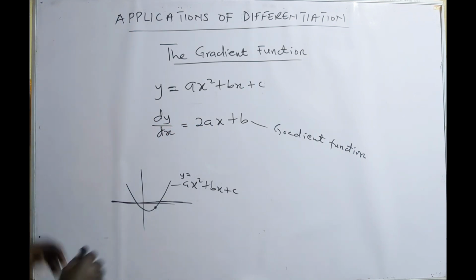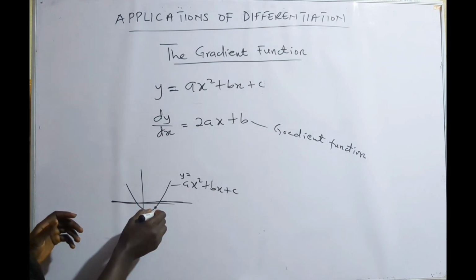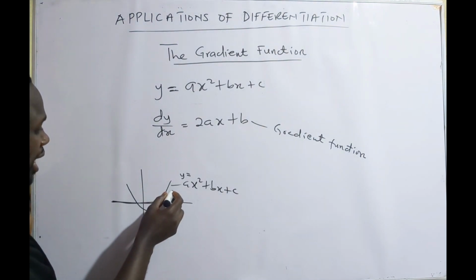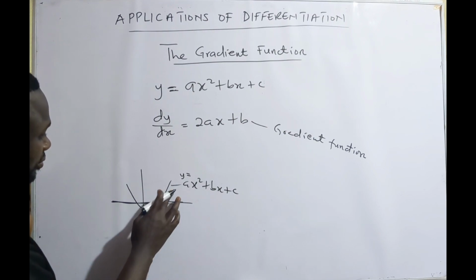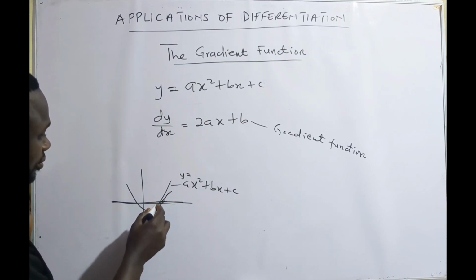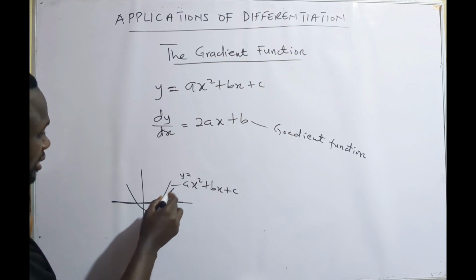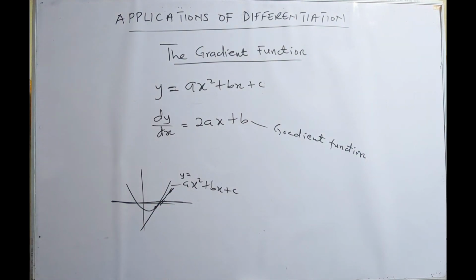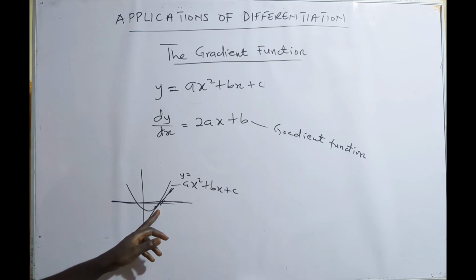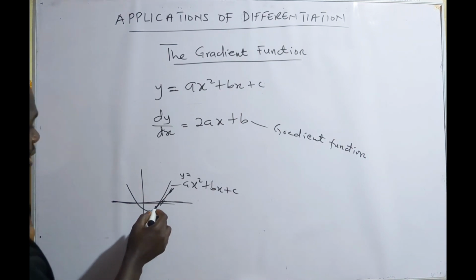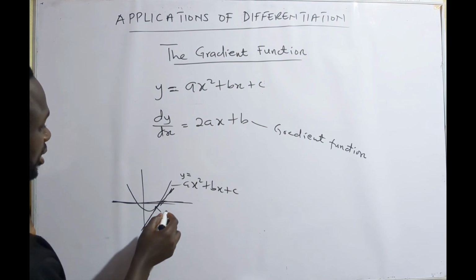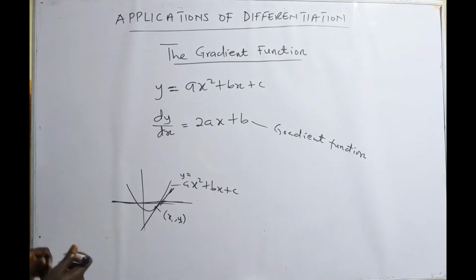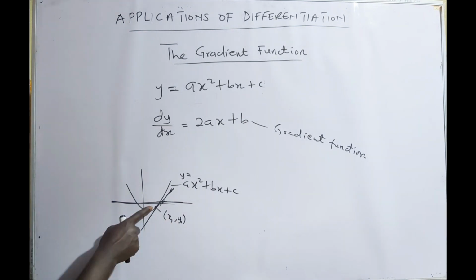So if I'm finding the gradient at a point on this curve, normally, to illustrate, I'm going to draw a line like this, and the line will touch the curve at this particular point, say x1, y1.